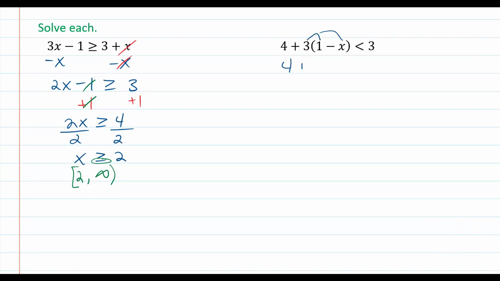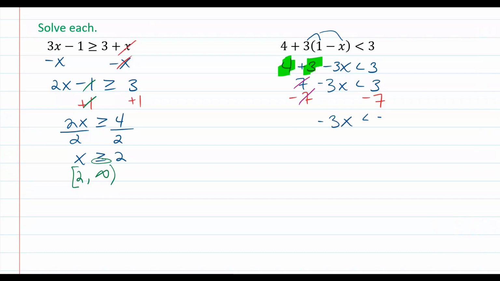So we have 4 plus 3 minus 3x is less than 3. Now we can combine those like terms. So now we can combine 3 and 4 to give us 7 minus 3x is less than 3. We now see we have like terms on opposite sides of the inequality, so we're going to subtract 7 to gather the constants on the right side. This does cancel out the 7 on the left, and so it gives me negative 3x is less than negative 4.